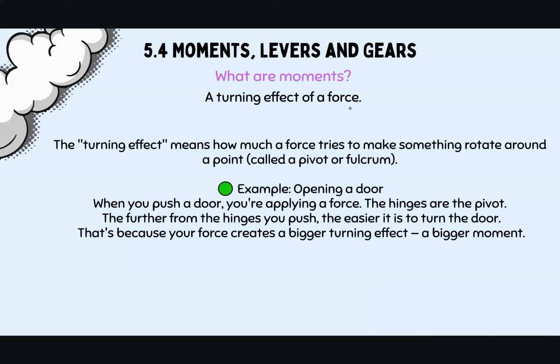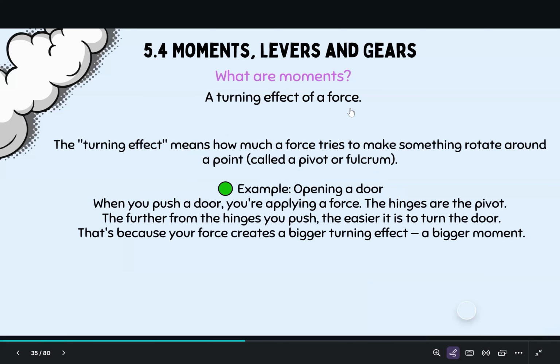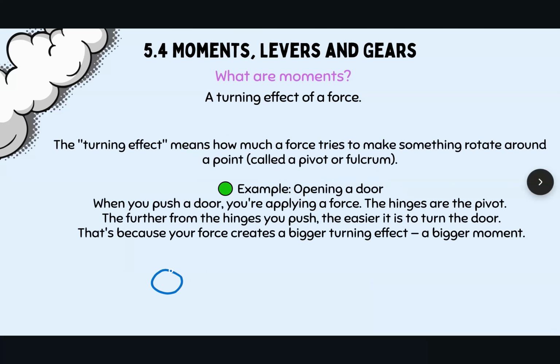So when you push a door, you're applying a force. The hinges are the pivot. The further from the hinges you push, the easier it is to turn the door. So here's your hinge, here's your door.